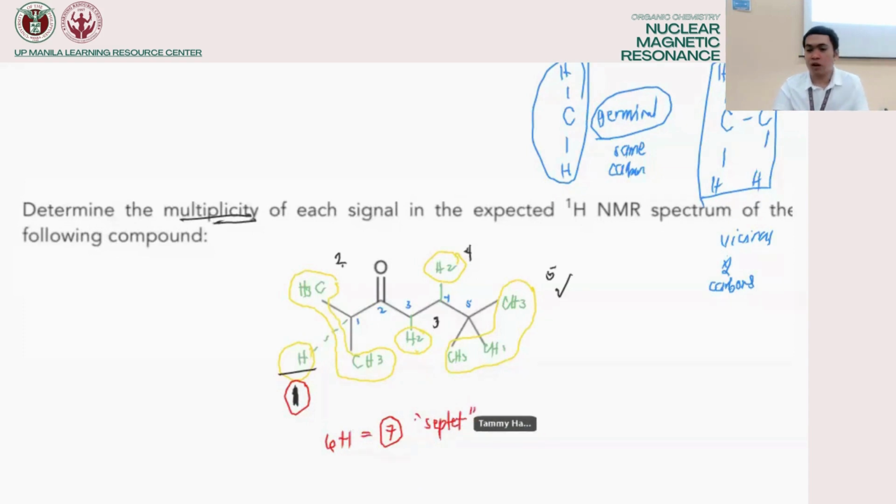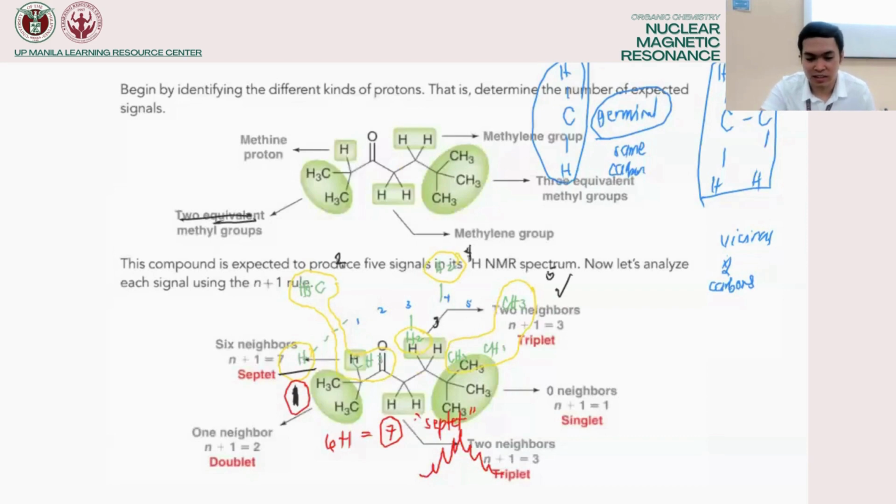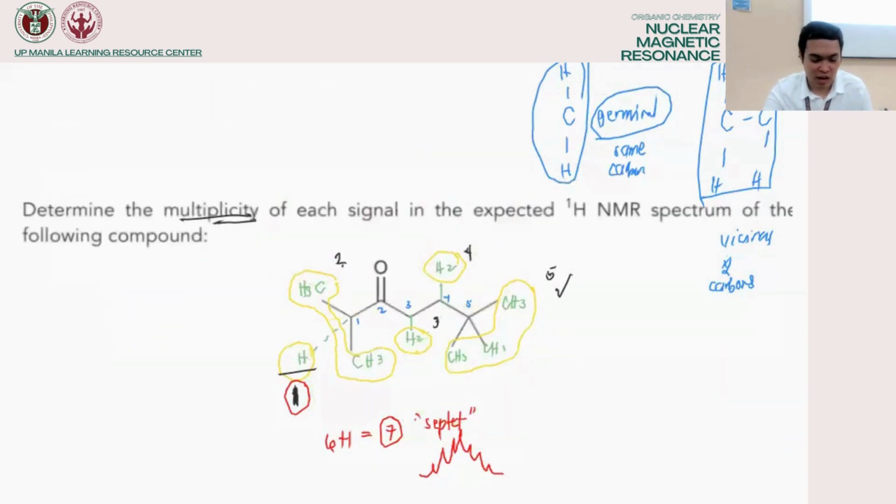Ang expected graph niya ay ganito. 3, 4, 5, 6, 7. Ayan. So let's see if tama tayo. Let's go to the figure, to the answer key. Ayan. So this is your hydrogen, and it has 6 neighbors, no? 6 plus 1 equals 7, so septet. So tama tayo.